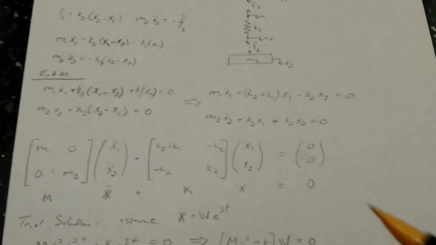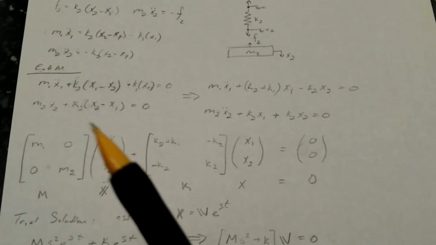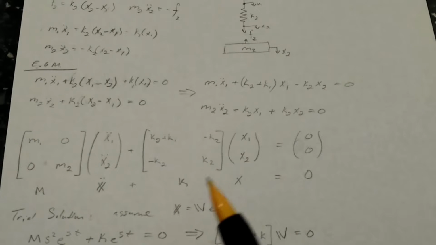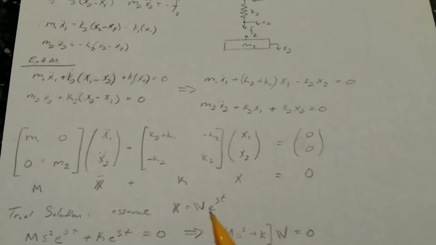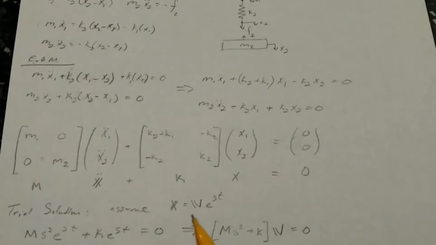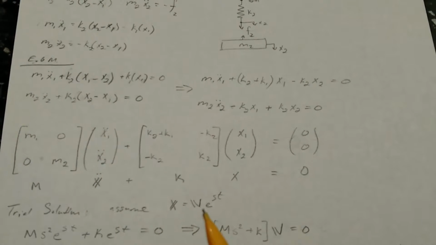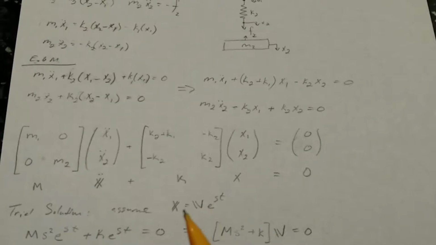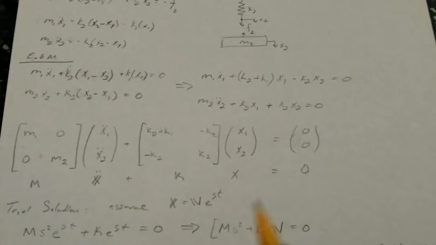And as we get this mapped out, we can then solve for our x, so to speak. And as we do that, we'll use the trial solution method.